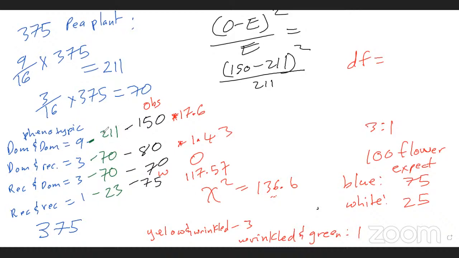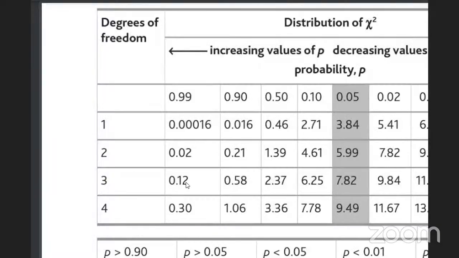The answers in green are what we expect to get. The ones in black are what we observed. When we did our calculation, our chi-squared value is 136. When we go onto the sheet, you find your degree of freedom, which is 3.